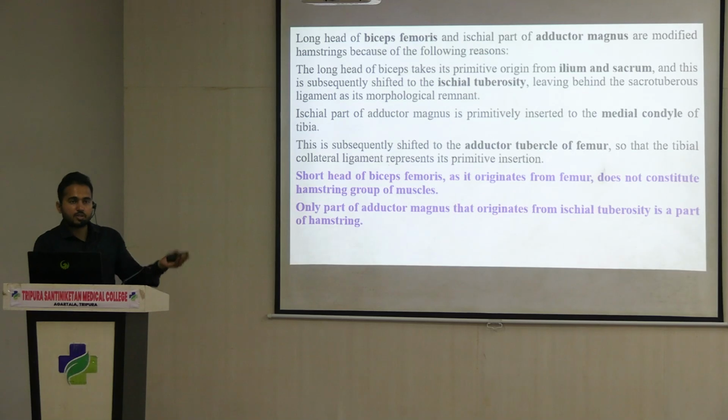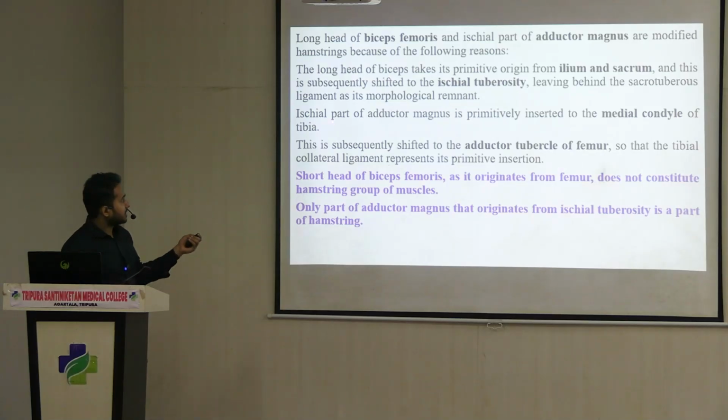Okay, the primitive origin was on the ilium and sacrum, but as the human being evolved, the origin shifted and it is now the ischial tuberosity, leaving behind the sacrotuberous ligament as its morphological remnant. So that's why the long head of the biceps is not a true hamstring.